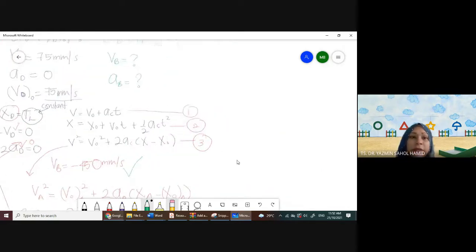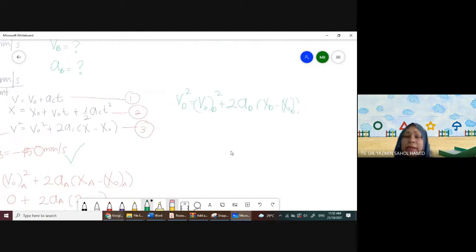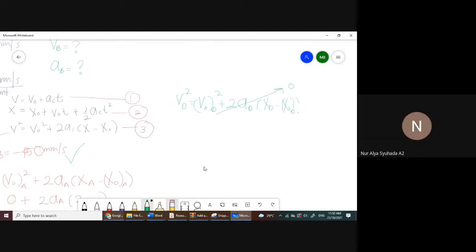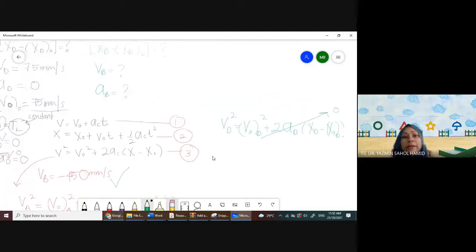If you choose equation number 3, it will be VD equals V naught D squared plus 2AD times XD minus X naught D. Now, what happens to the acceleration at D? This becomes 0. So you cannot use equation number 3.